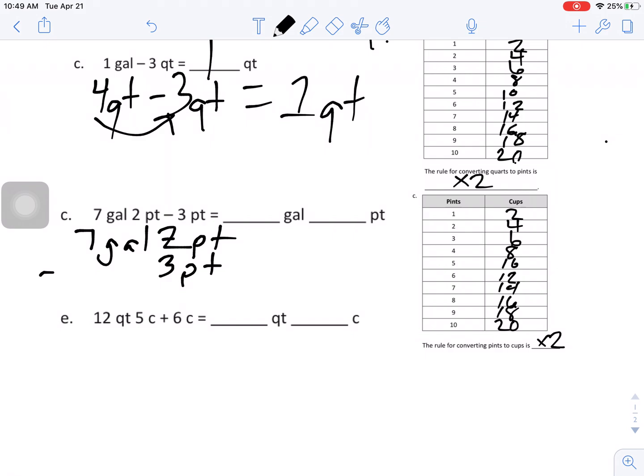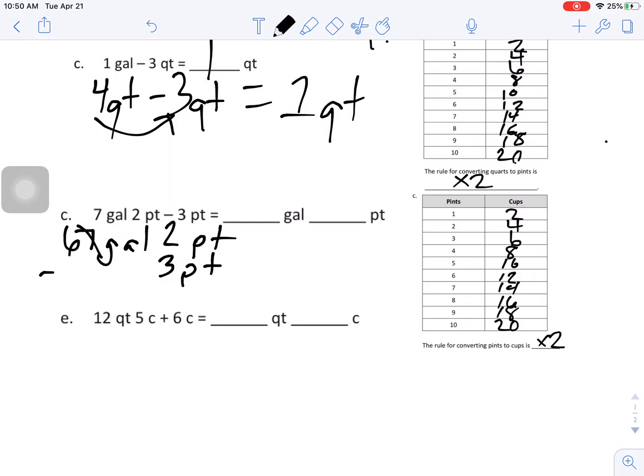Here's where it gets a little tricky. I only have 2 pints, so I can't take 3 away. I'm going to have to turn one of these gallons into pints. But I don't want to turn them all into pints because my answer still has gallons. So I'm going to regroup 1. I'm going to take one of those and make that 6 and turn it into pints.